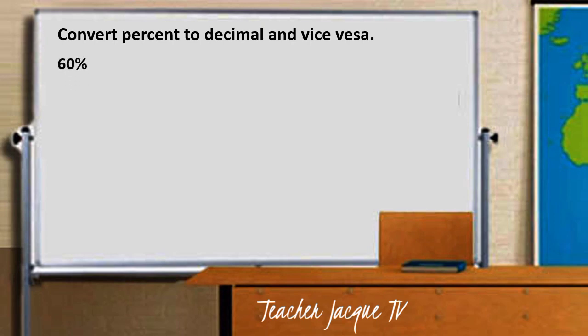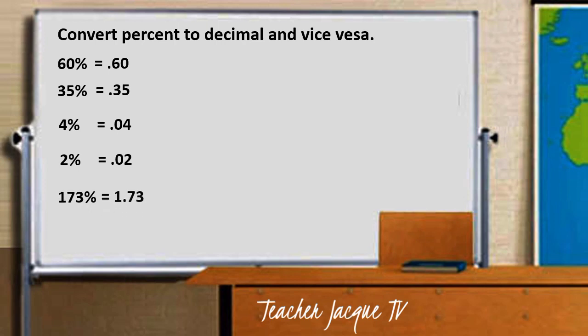So, convert 60% into decimal. Very good. It's 0.60. 35%, 0.35. 4%, good job, 0.04. 2%, good job, 0.02. 173%, correct, 1.73.